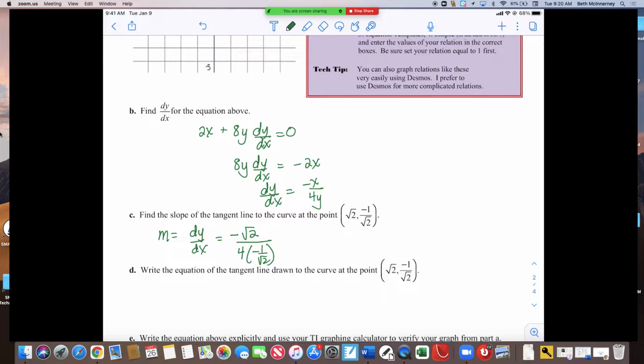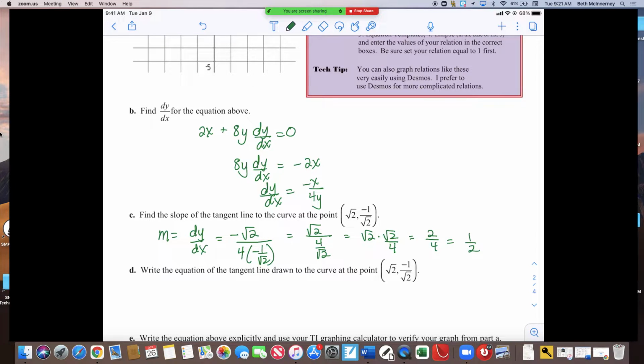Okay, so we have a bunch of yucky fractions. Can you see that the negatives are going to cancel? Then the two negatives cancel, and I have square root 2 over 4 over square root 2. When you divide by a fraction, that's the same as multiplying by the reciprocal. So that's 2/4. Oh, that worked out nice.